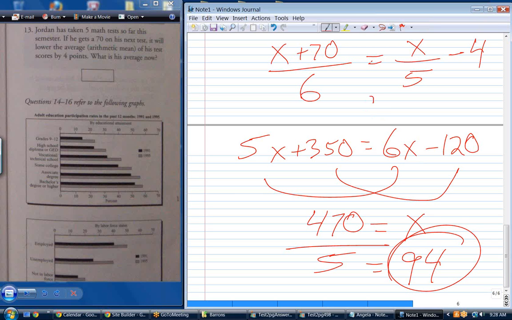He's got a 94 average through 5 tests, and he really screws up and drops his score by 24 points, but the 24 points is going to be spread over 6 tests, so it should drop his average by exactly 4, and it does. In other words, we apply that last 'does this make sense' test. Okay.